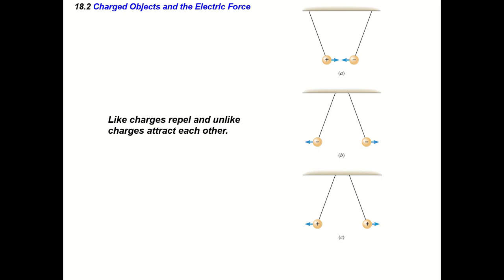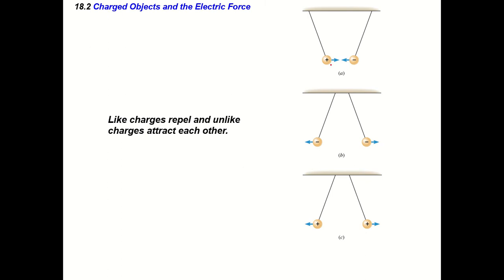Then we have like charges repel and unlike charges attract each other. So this is a very long time concept that you have learned. I think since elementary I had learned this concept, and I hope that you still remember it. So, assuming you have a charged object hung on the wall, for example, and then tied on a cord.